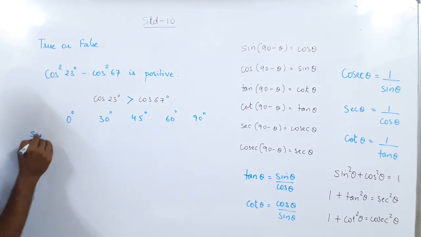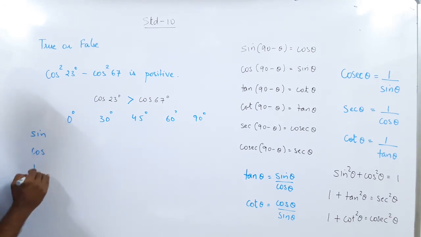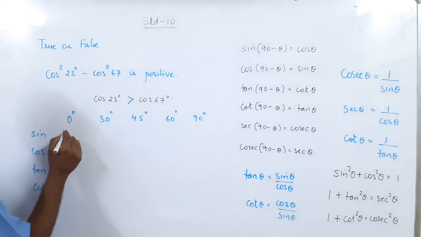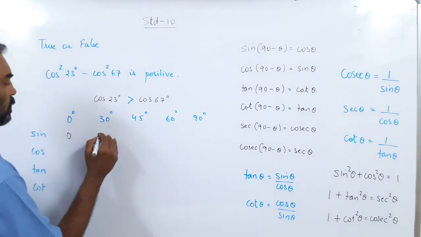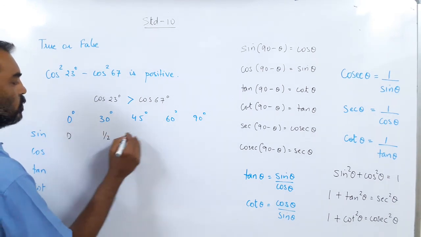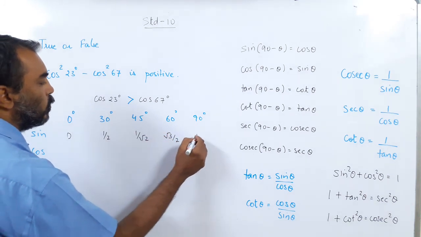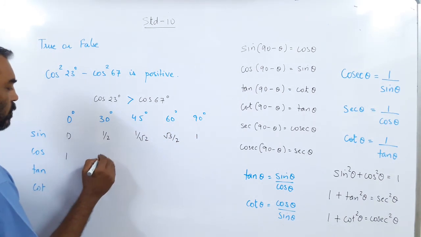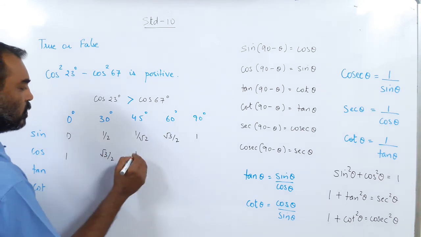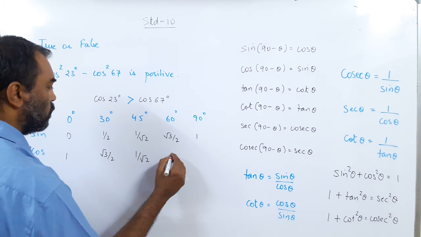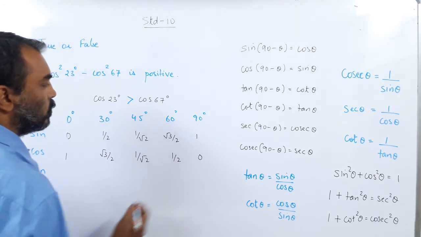Then we had the sine, cos, tan, cot and so on. I am not writing everything, but this is just to understand. We have got 0, 1 by 2, 1 by root 2, root 3 by 2 and 1. We have got 1, root 3 by 2, 1 by root 2, 1 by 2 and 0.